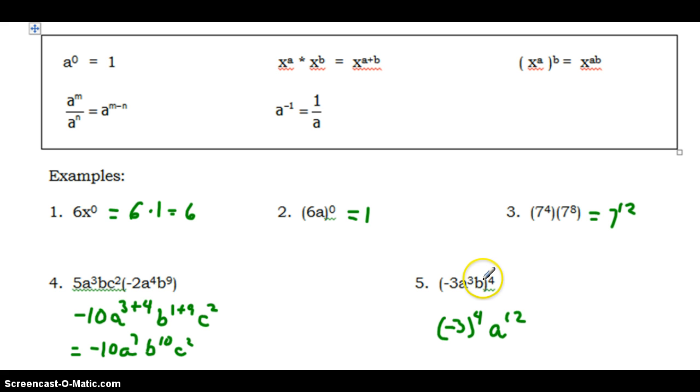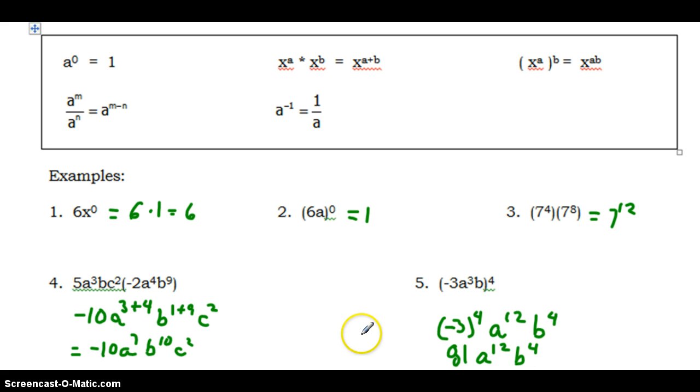And then b to the 1 power times 4 would be b to the 4th. Then you would just multiply out negative 3 to the fourth power, and that would be 81. To continue simplifying, 81 times a to the 12th and b to the 4th.